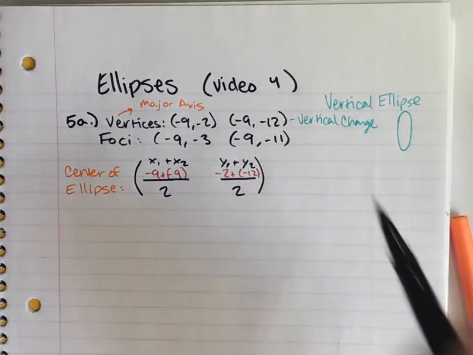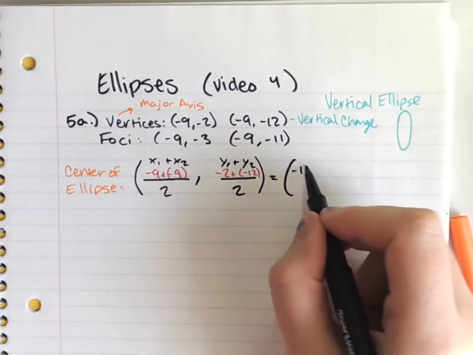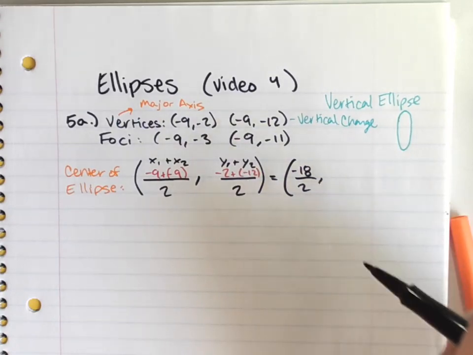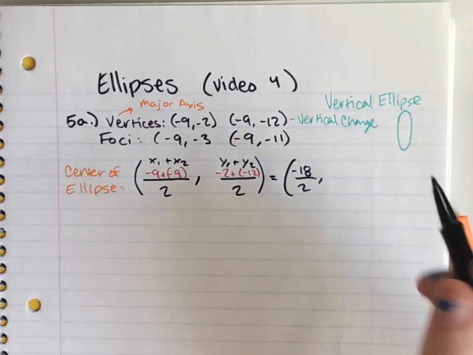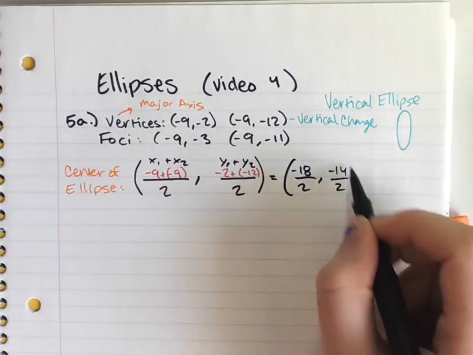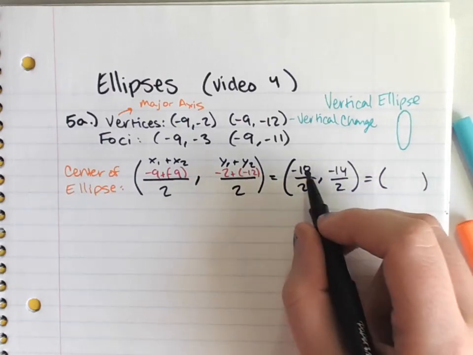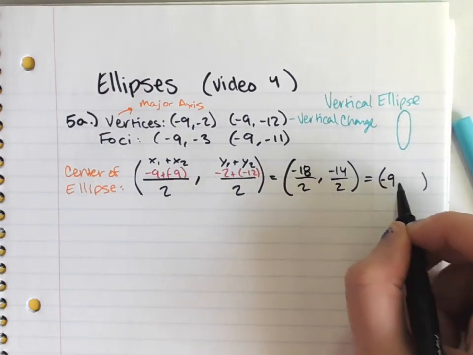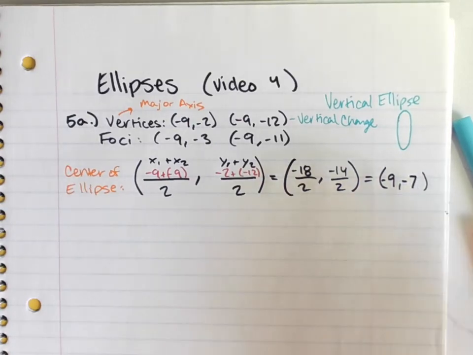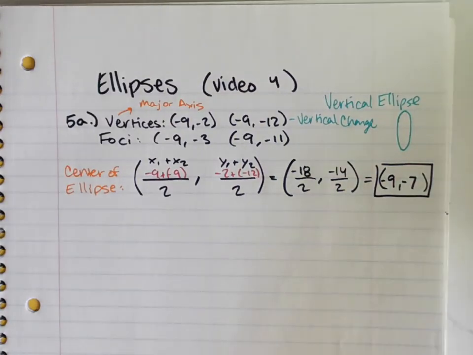Let's simplify that. That becomes -18 over 2 and -14 over 2. -18 divided by 2 is -9, and -14 divided by 2 is -7. So right here is my center.